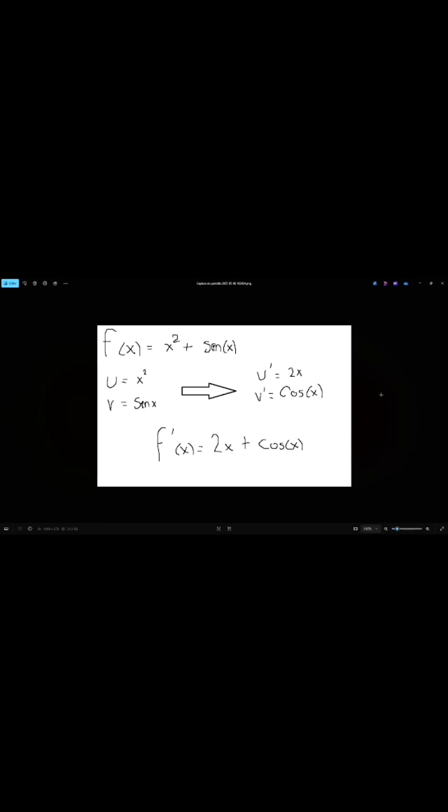The next step is to find the derivatives. u prime is 2x, and v prime equals cosine of x. And the result is this: f prime of x equals 2x plus cosine x, and that's it.